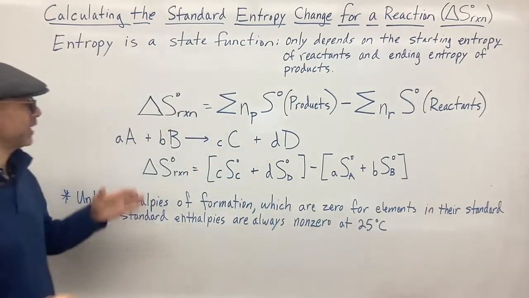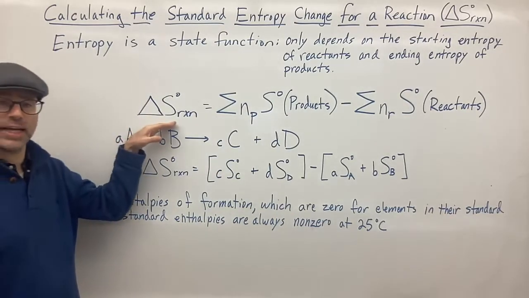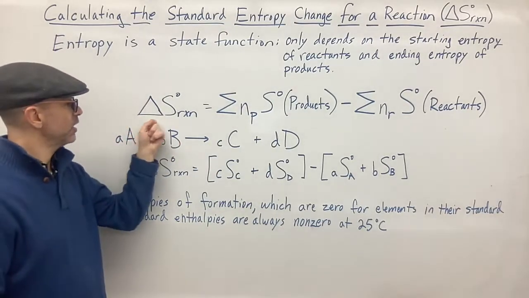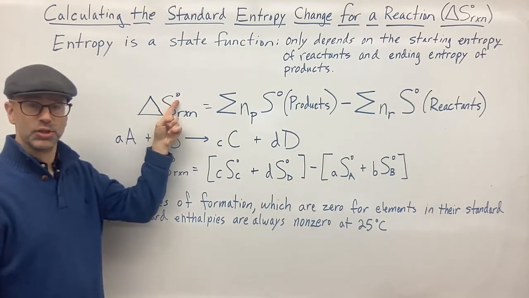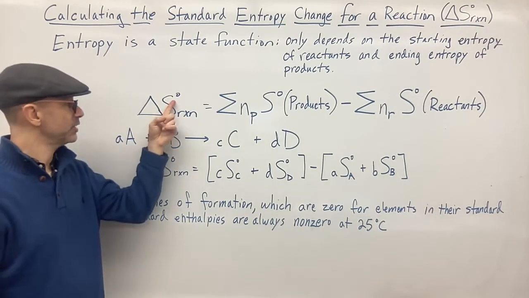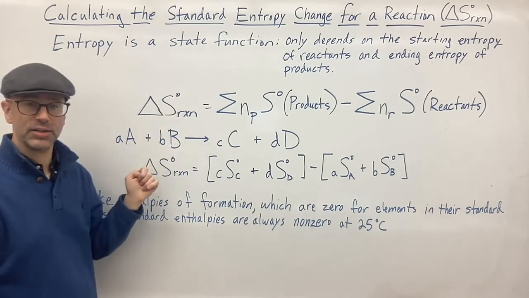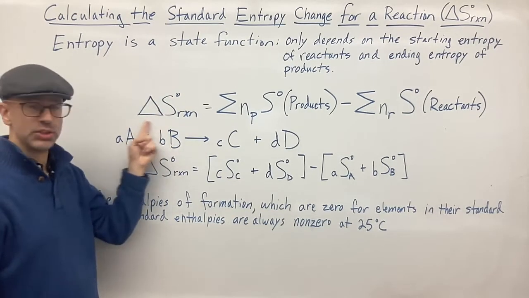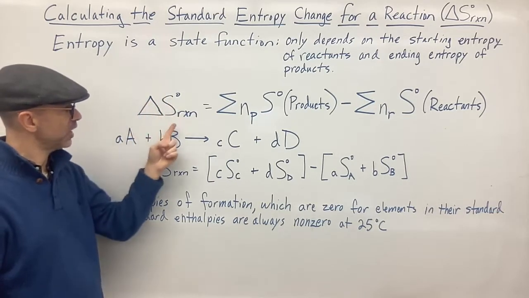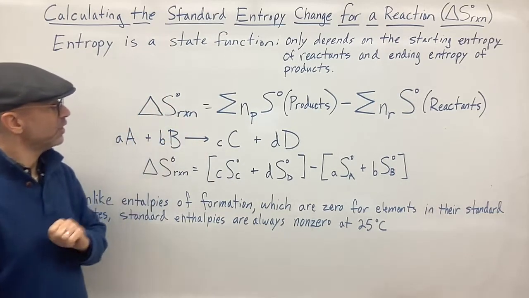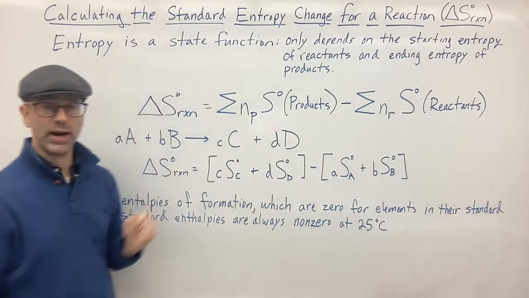The standard entropy change of a reaction, and again, this little circle means standard, and the delta means change, is going to be this equation right here.